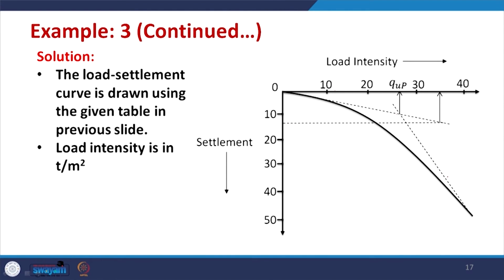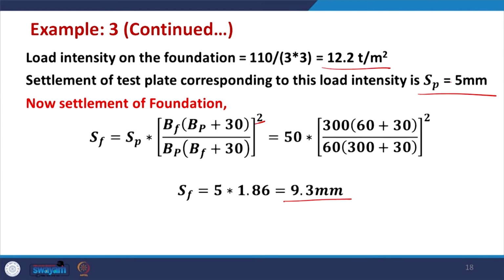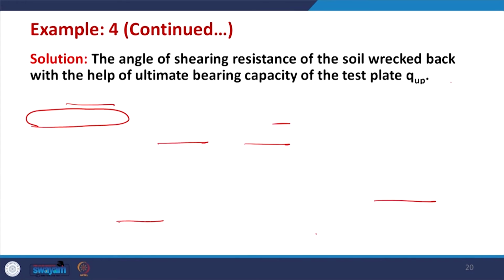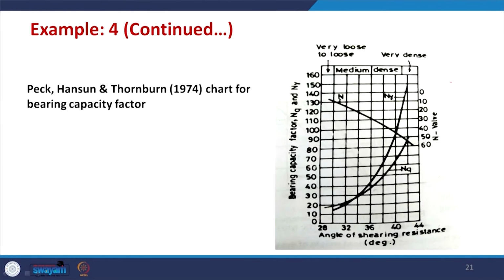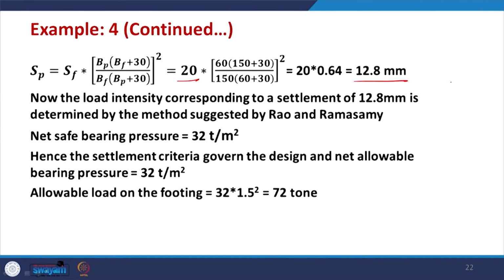So, we use this asymptotic tangent, a method suggested by Rao and Ramaswamy. You meet this point with the tangent and pick up the corresponding value from this chart, which is between 30 and 40. So, this is exactly 32 ton per meter square. So, for this value you get net safe bearing pressure of 32 ton per meter square.